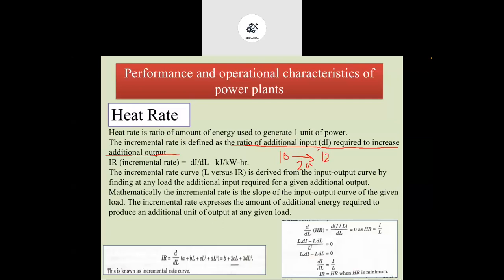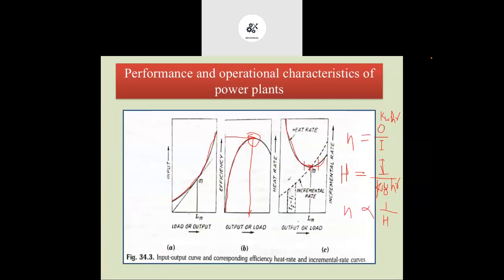Now consider 10 kilowatts or 10 units of electricity generated, and I want to increase this output to 12 units. To increase by 2 units of output, how much additional input do I require? That ratio is known as the incremental rate.